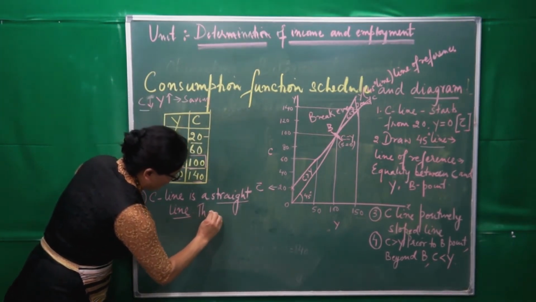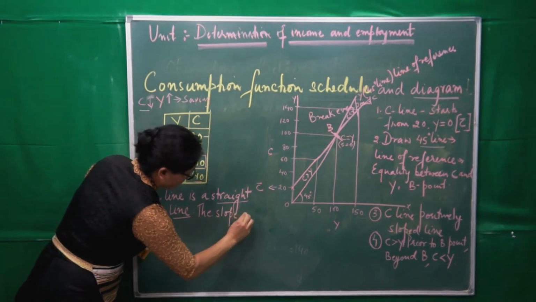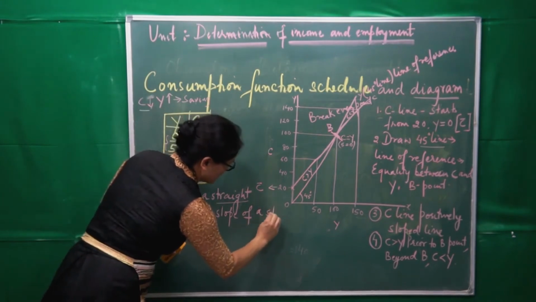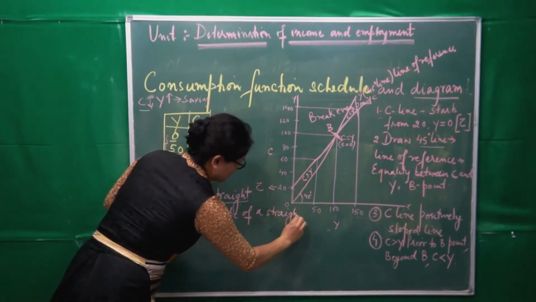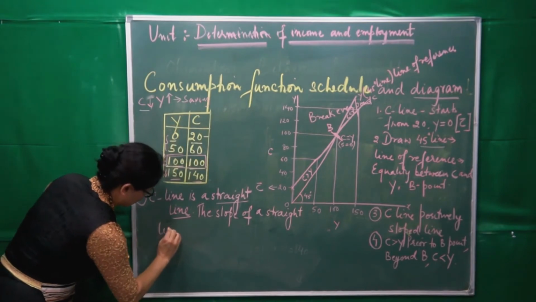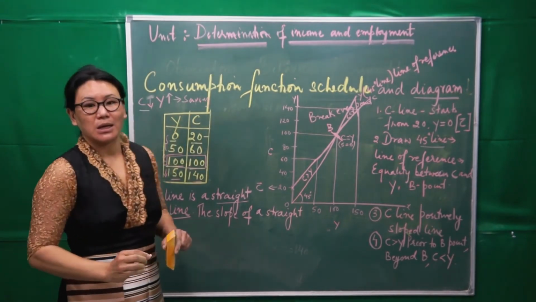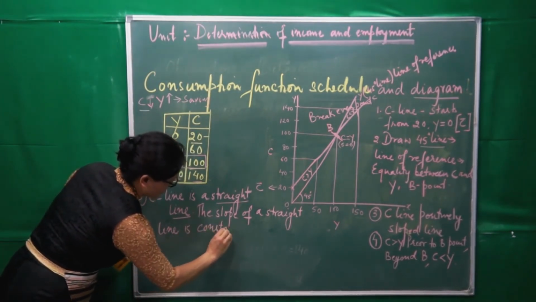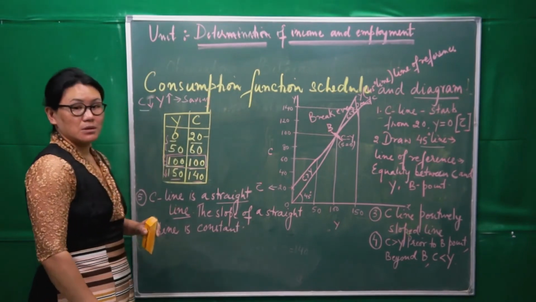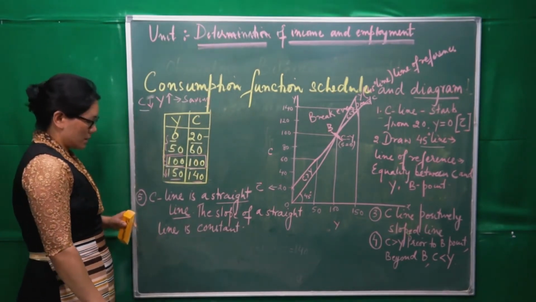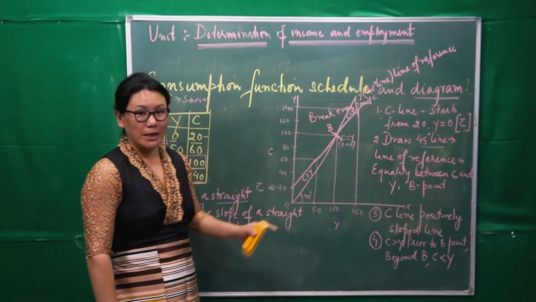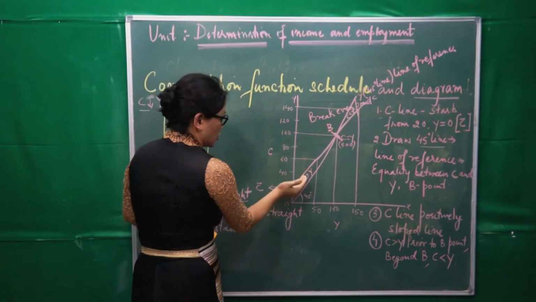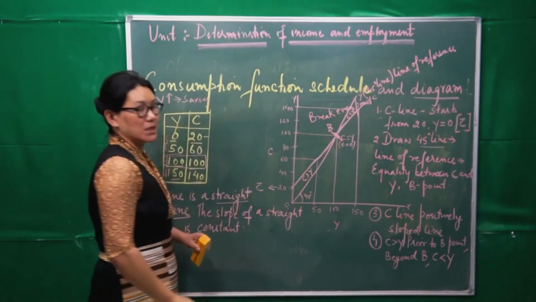The slope of a straight line is constant. See here, what does it say? C line, it has to be a straight line. Okay. And the slope of this straight line is constant.